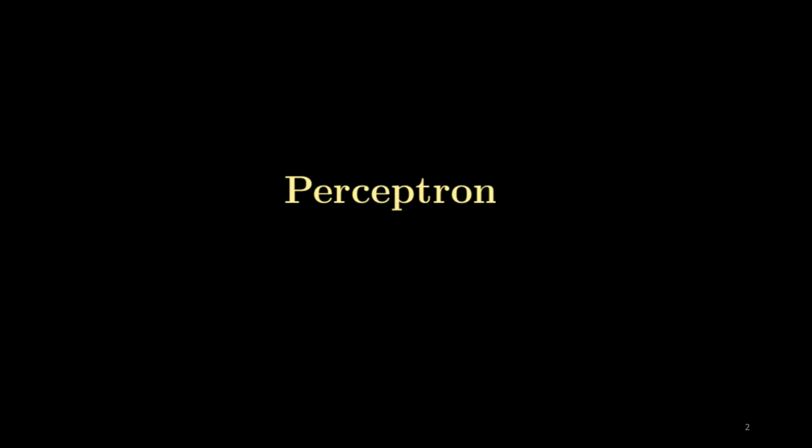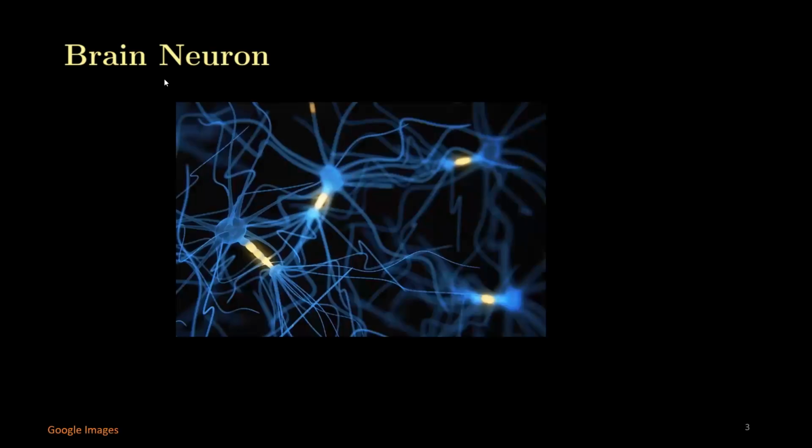So what is the definition or the concept of the perceptron, or from where does the concept of the perceptron arise? We know that in our brain, there are millions of neurons present, and they are interconnected with each other with the help of electric signals or electric pulses. Look at this neuron.